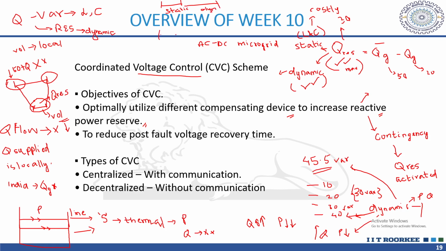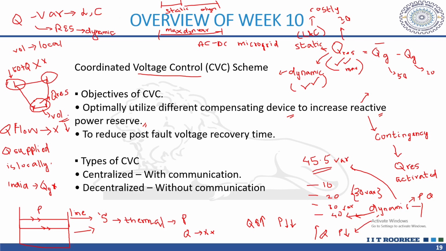Over a long period, while doing VAR management, we try to maximize the Q reserve, and among that we also try to maximize the dynamic VAR reserve, because in the case of contingencies, these will be more helpful than the static ones.